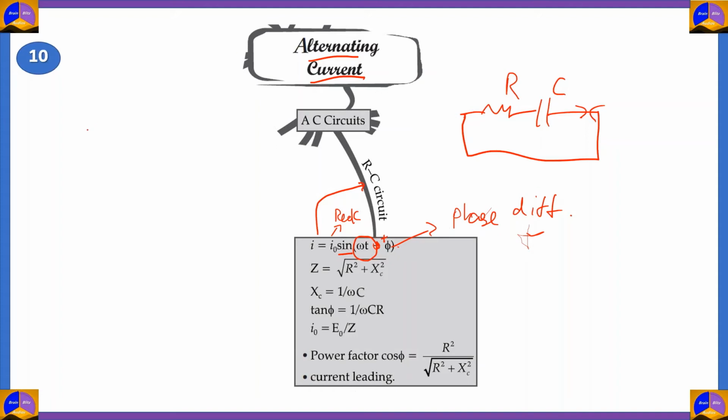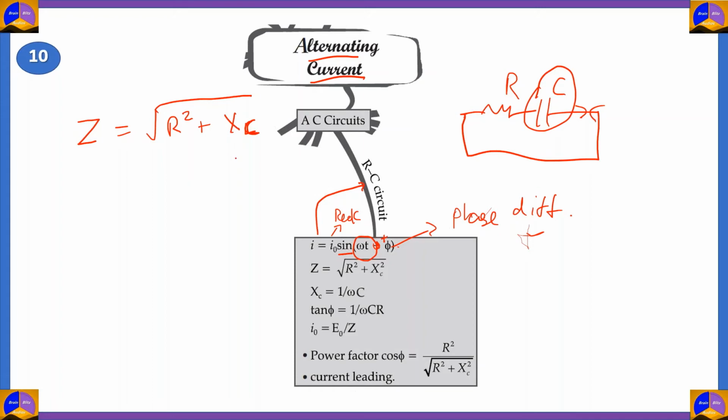When we have a resistor, the value of the impedance will be equal to the square root of the sum of the squares of both the resistance and the hindrance produced by the other equipment. So here it's a capacitor, so there is a capacitance C in it. The hindrance produced is XC.